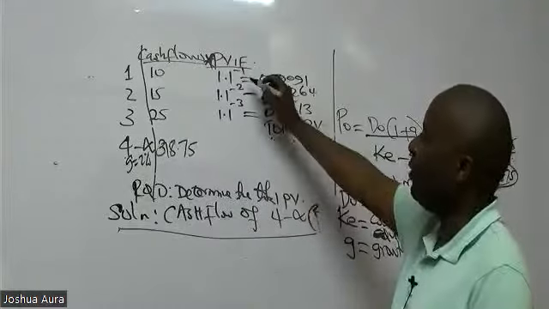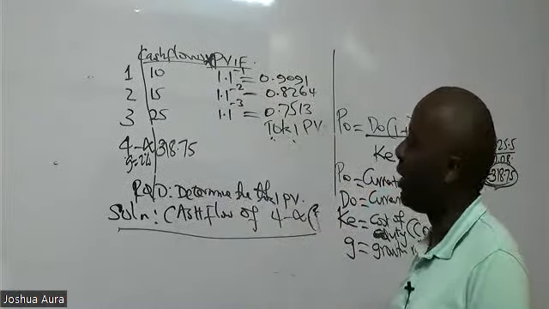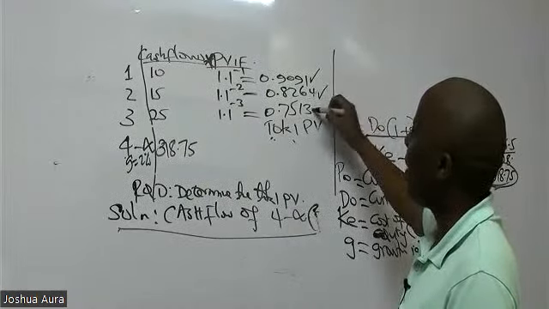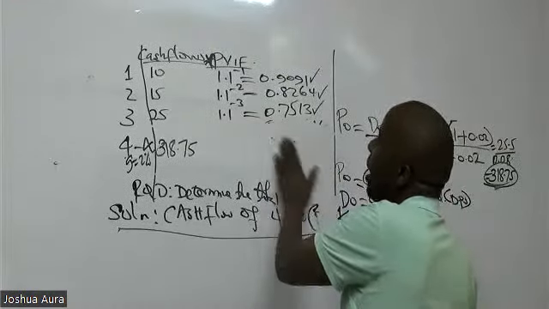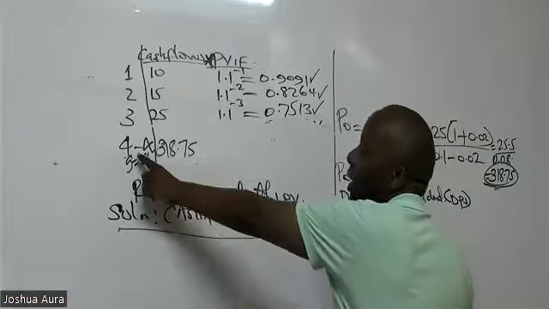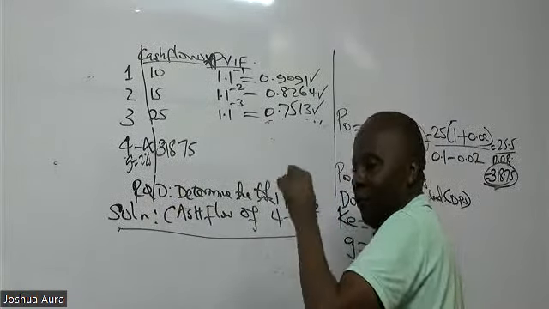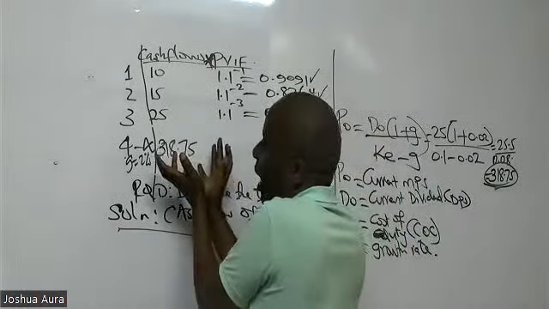And then remember the PV factor will remain the same because the cost of capital is still 10%. So year number 1, correct. Year number 2, correct. Year number 3, correct. But how about now the PV for year 4 to infinity? Remember, I've been able to lump it together and I brought it here as a lump sum amount.